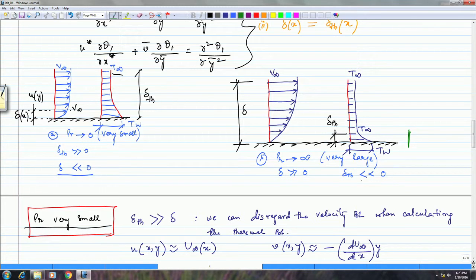Where this is actually for a very large Prandtl number, where the thermal boundary layer thickness is very small compared to the velocity boundary layer thickness. And we then looked at a little bit of the math.